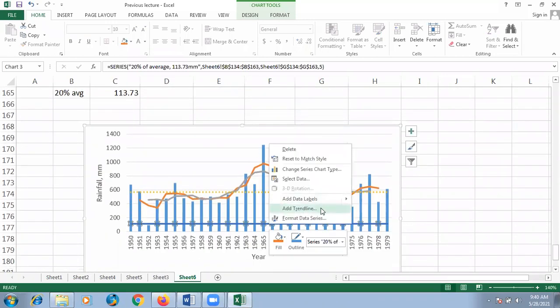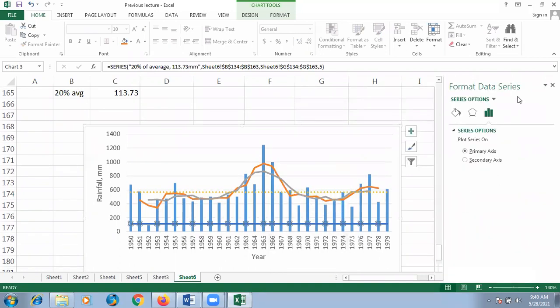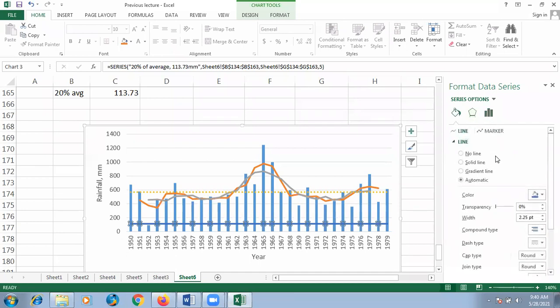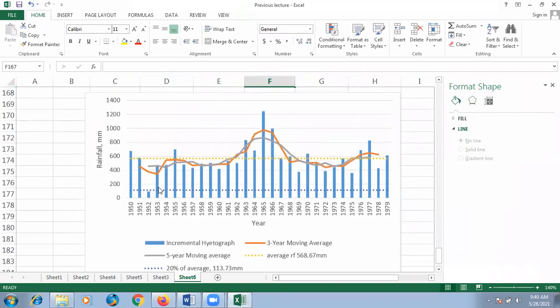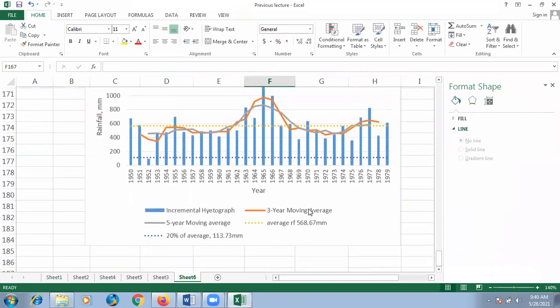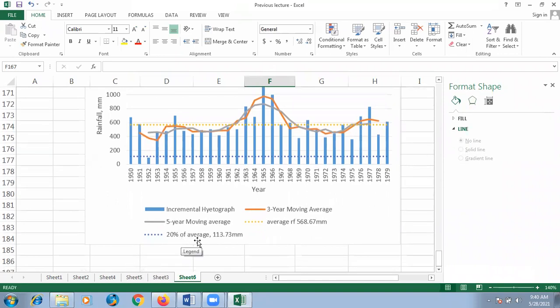I will format this to make a dash type. Look here, the dotted line in blue has come, which represents 20% of average, 113.73 mm.